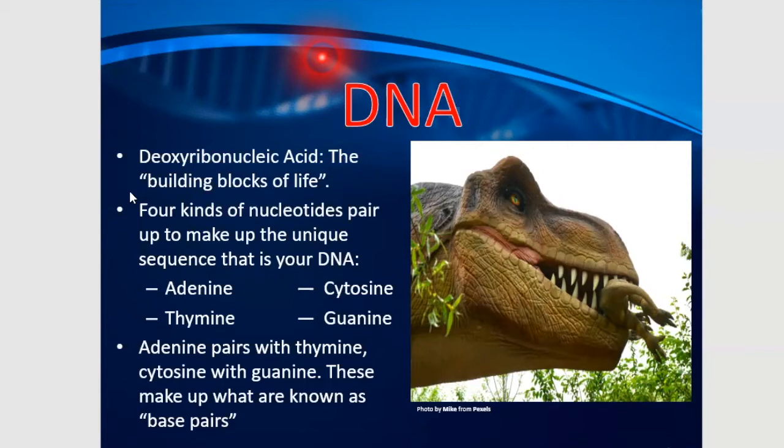It gets its name from the sugar deoxyribose that builds the backbone of the double helix that we know so well. The rungs of that ladder are 4 kinds of nucleotides that pair together to make up the unique sequence that is your DNA. Adenine and thymine, cytosine and guanine. And adenine pairs with thymine, and cytosine pairs up with guanine.